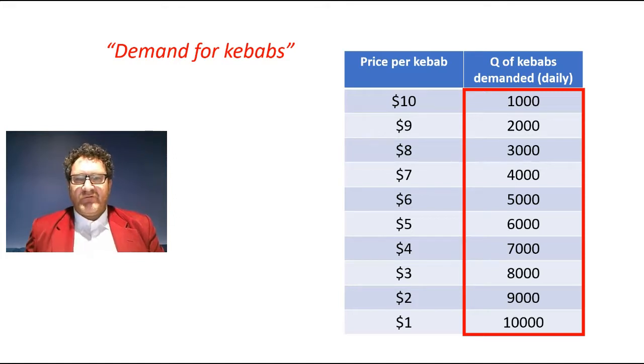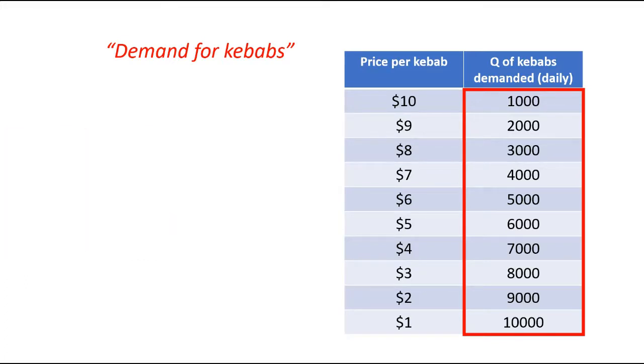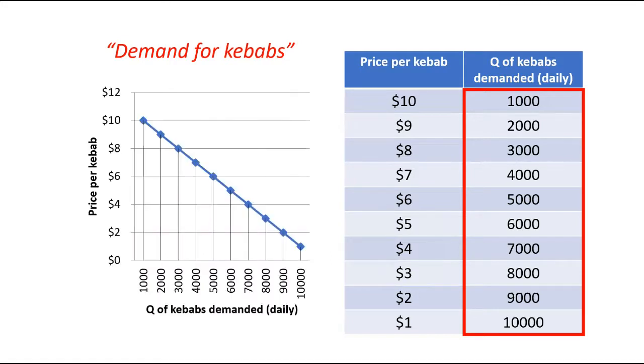And we can represent that table in the form of a graph. If we plotted these points, we can see at the price of $10, the quantity demanded is 1,000. At the price of $2, the quantity demanded is 9,000.